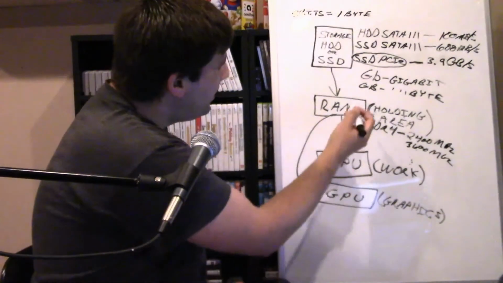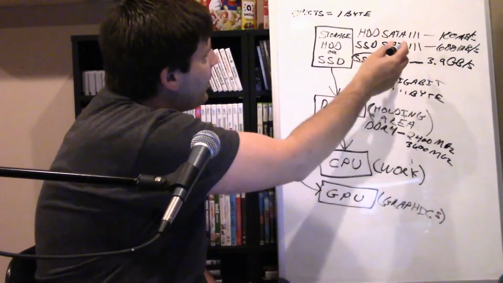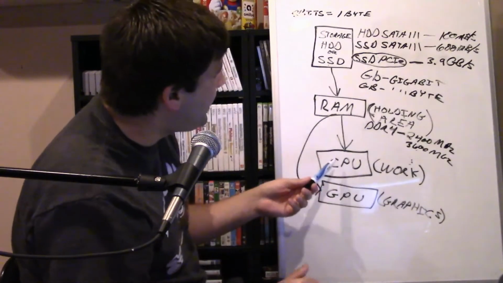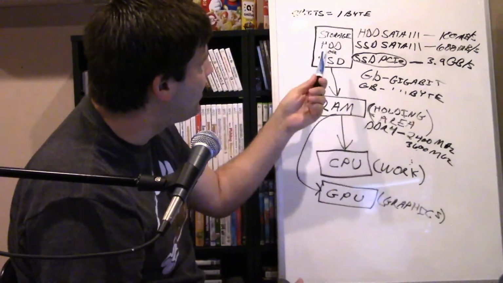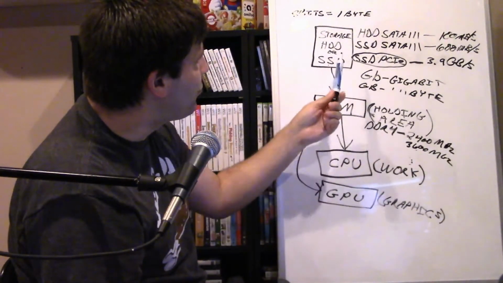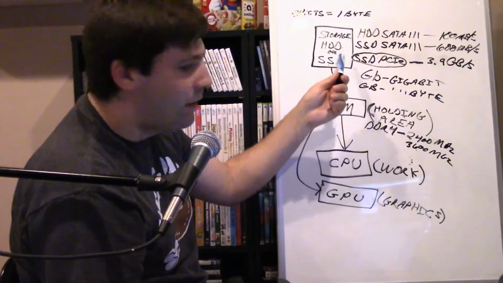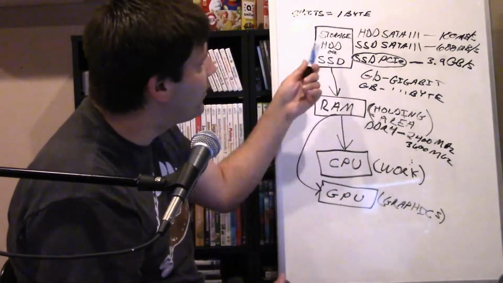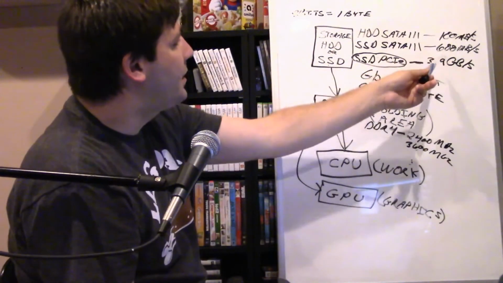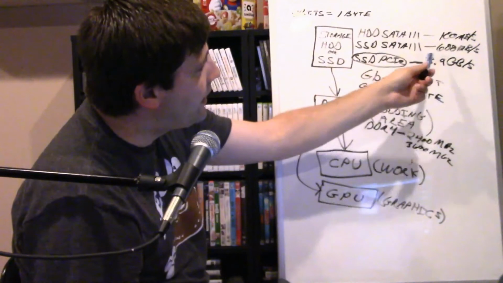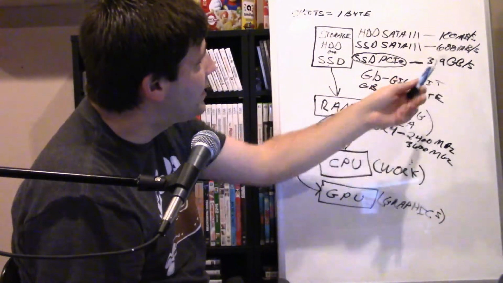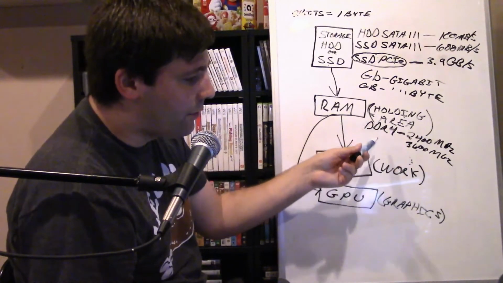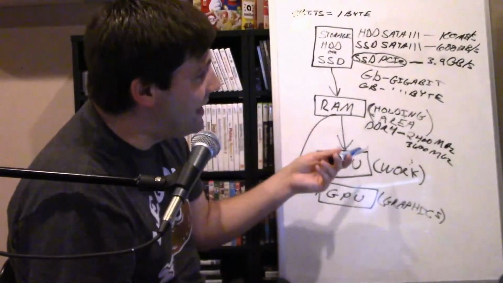All right, so our data. Then we go to the CPU, and you might have asked yourself already, why can't the CPU just access information directly from the hard drive or the solid state drive or wherever the storage is? And the answer is because, even if we're going 3.9 gigabytes per second here, it's still significantly slower than the transfer speed of DDR4, which at minimum is going to be 17.